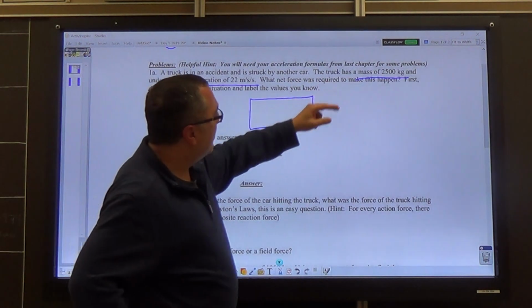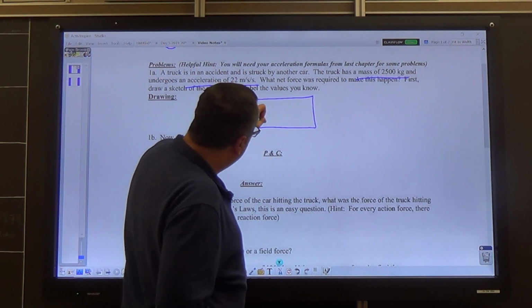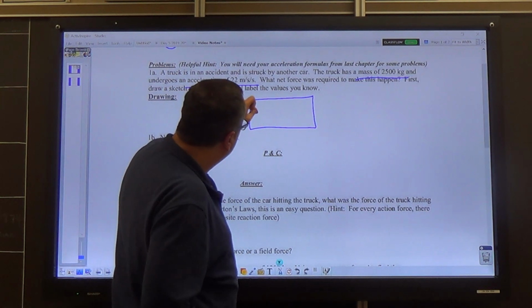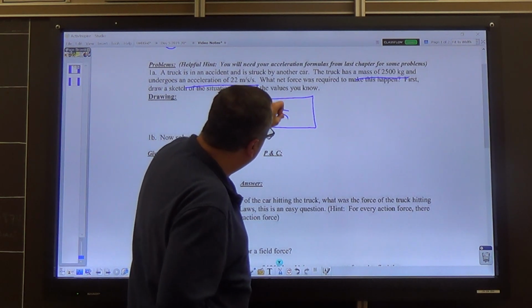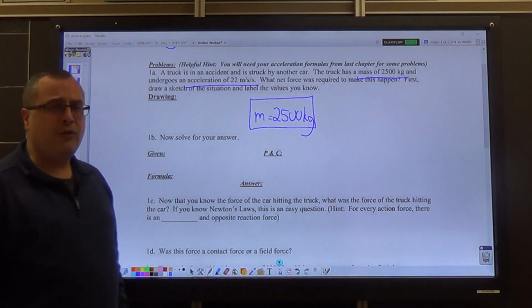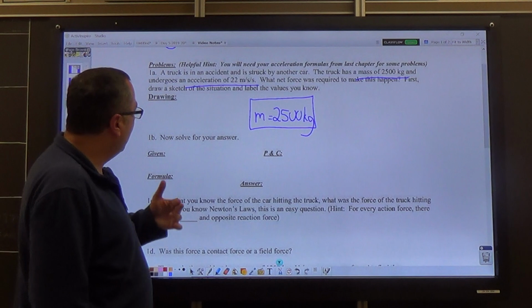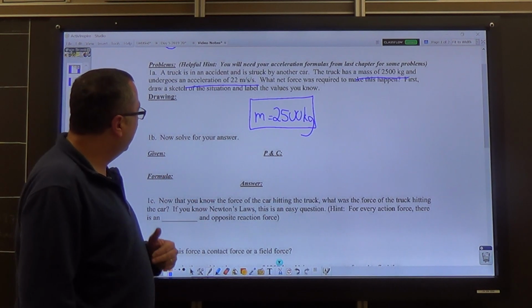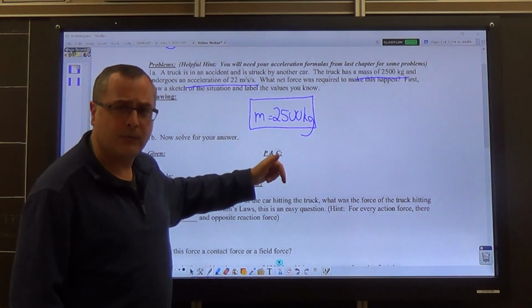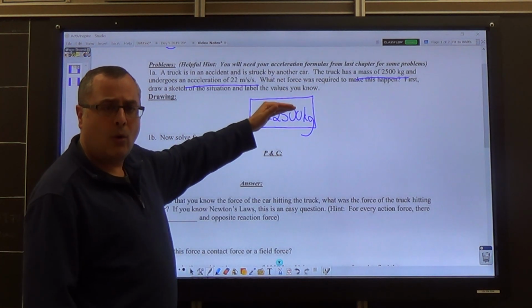So as we said, you've got your mass of 2,500 kilograms, so we go ahead and write that. Let's choose a better color here. So mass of 2,500 kilograms. And then we have an acceleration of 22 meters per second per second. Now, we mentioned before, probably a good idea for the forces to be attached to the box, but the velocity and the accelerations you can draw below or above the box.